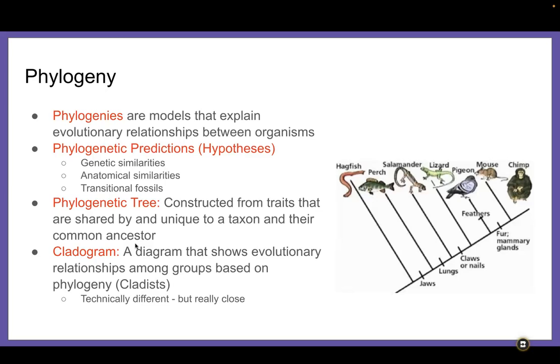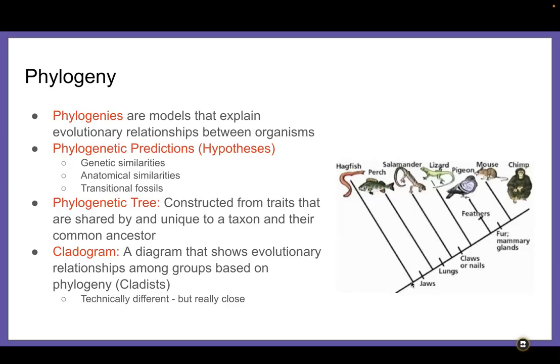We then take all that information and put it together in what's called a phylogenetic tree. It's constructed of traits that are shared by and unique to the taxon of their common ancestor. So if we look at this phylogenetic tree over here on the right, the common ancestor is all the way down here at the bottom, the thing that they all have in common, and they branch out from there.